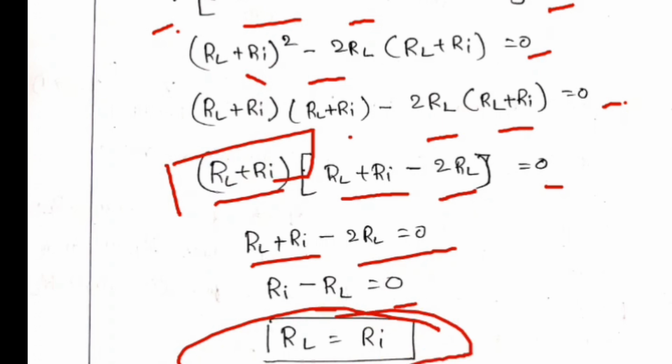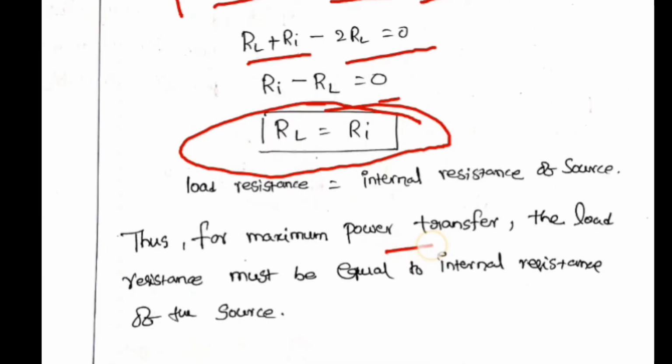The load resistance RL equal to internal resistance of the source, then maximum power will be transferred. Thus for maximum power transfer, the load resistance must be equal to internal resistance of the source. Thus the theorem is proved. Simply, what is Thevenin's theorem?